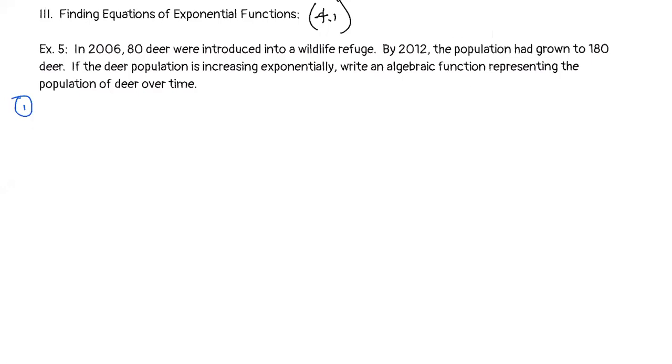Would it be 0, 80? Can you tell me why you're saying 0, 80 and not 2006 and 80? Oh, because it's the starting point. So x would be 0 and then y would be 80. Yeah, okay. Some people like to write it as the year and then the amount.